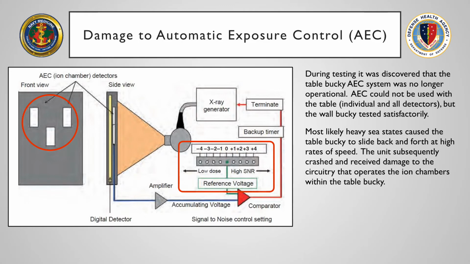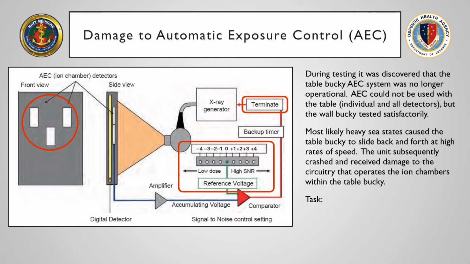So if you have a thick patient, you would have a high signal to noise ratio. If you have a very small patient, you might set a very low reference voltage. The comparator then compares those two and sends a signal to terminate at the exact time when you have the optimal image. So somewhere in these settings, or in this circuitry, the AEC is no longer functioning properly.